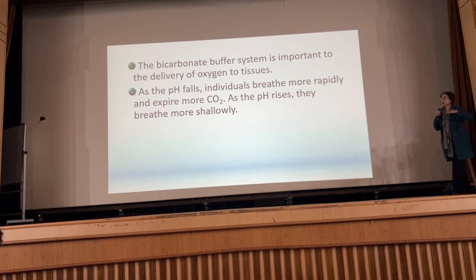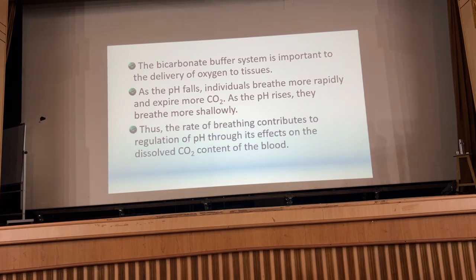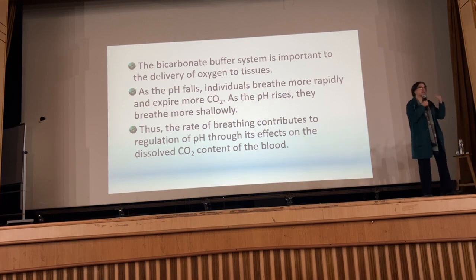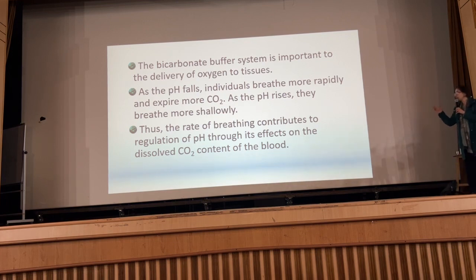When the pH rises, they breathe more shallowly, and vice versa. So the rate of breathing contributes to the pH and contributes to the effect of CO2 on hemoglobin binding or releasing oxygen.